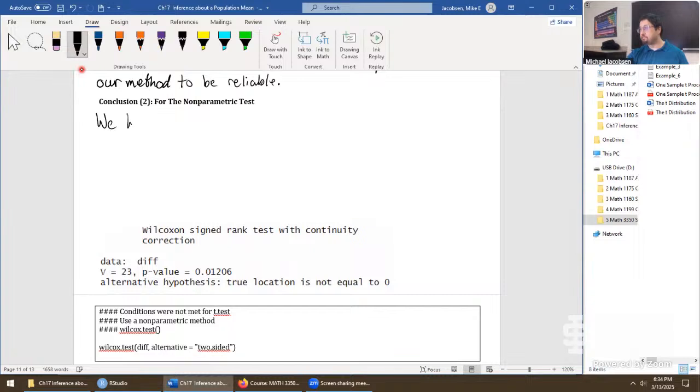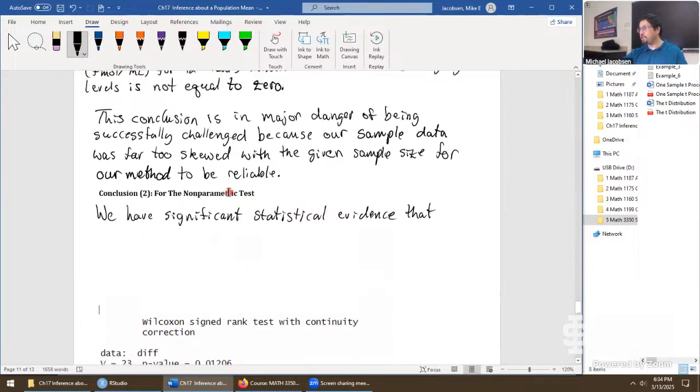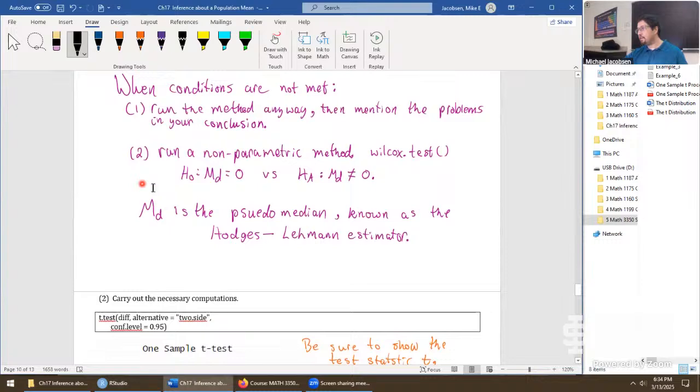We have significant statistical evidence that, let me carry down one extra screenshot that we wrote in. We're running these hypotheses now.